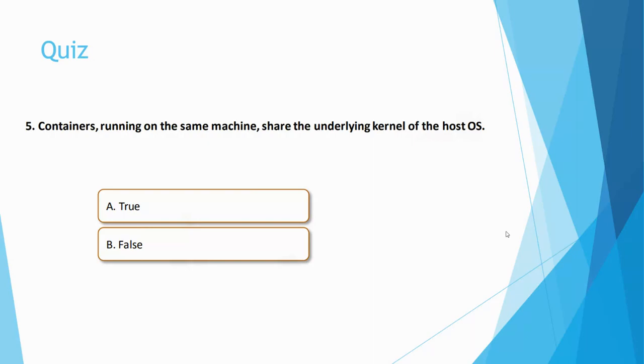Containers running on the same machine share the underlying kernel of the host OS. What they are saying is that if you are running more than one container in a server, this container will be sharing the kernel from the underlying OS. Whether that is right or wrong, true or false.